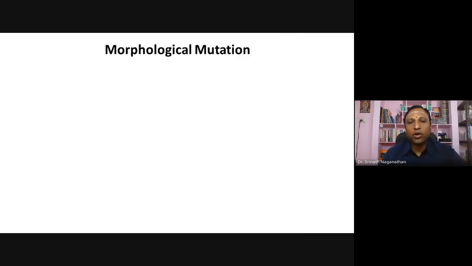Let's see about the morphological mutations. The first one is deletion. A part of the chromosome gets deleted.